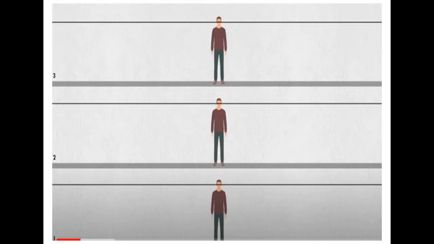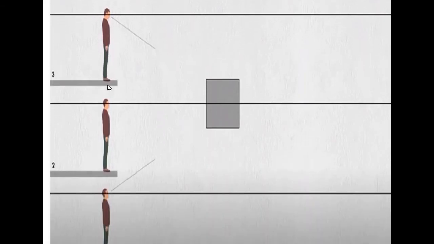Let us take three people standing with the same eye level. You can see the eye level of the three persons. This is the eye level towards the front. Now in the center, one cube is kept.